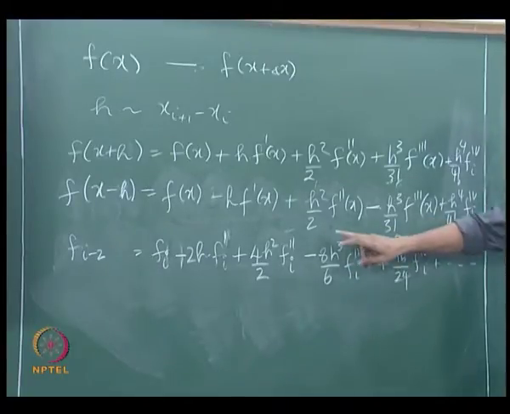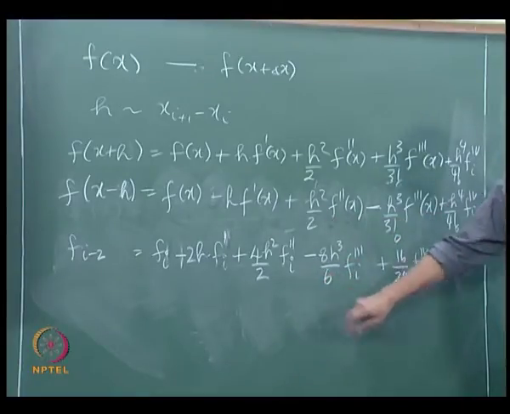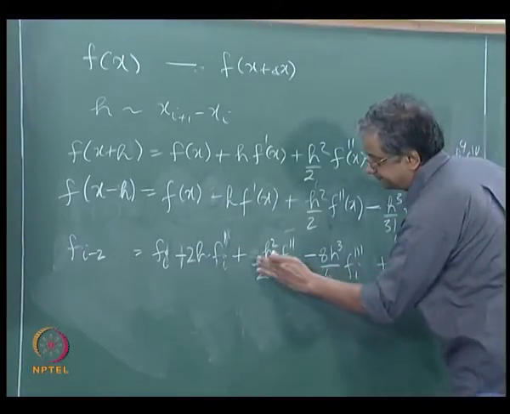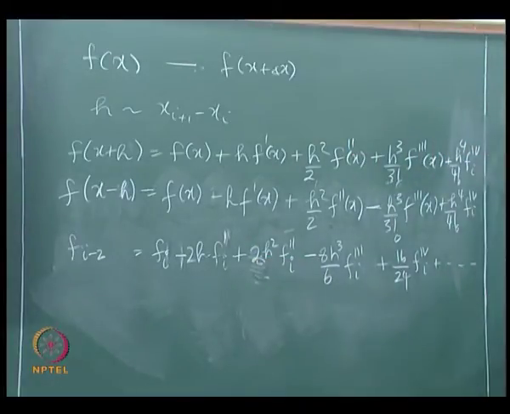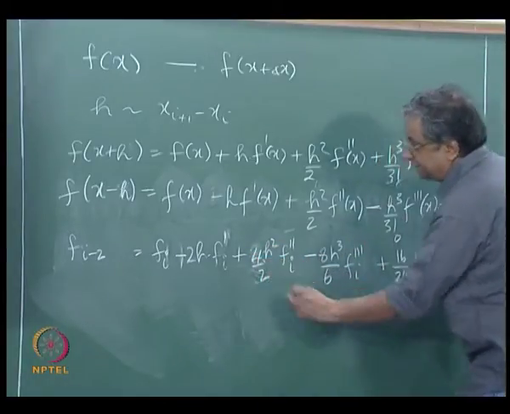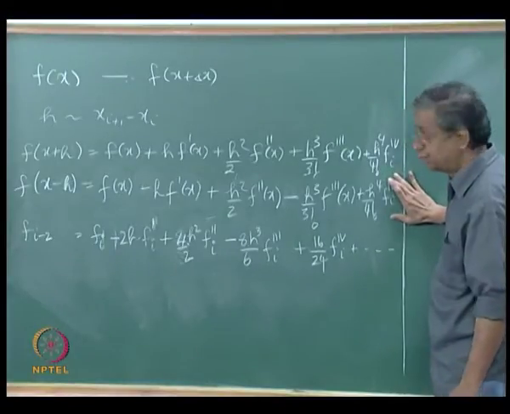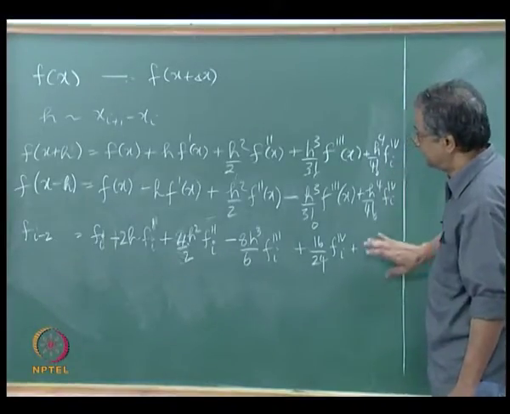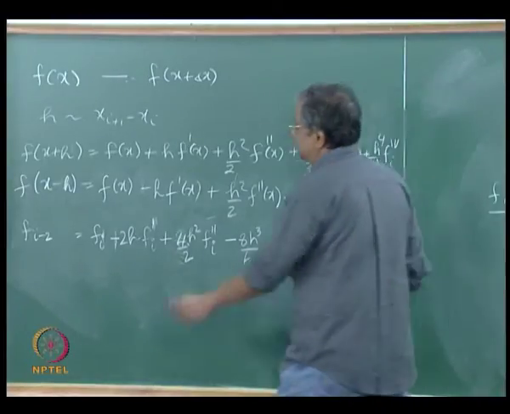What do I get here? So if I take this equation and this equation, this is basically 2h squared, or 4 by 2 is fine. So I need to multiply the first equation by 4, and subtract say the second equation from the first equation, that should get me something.